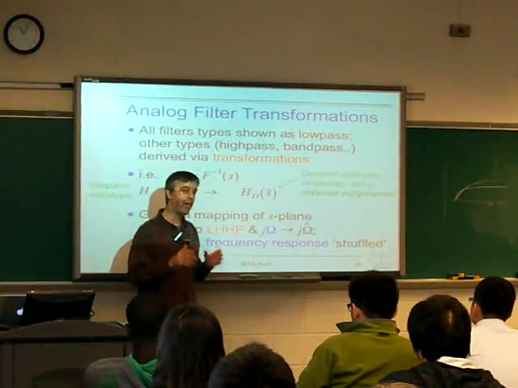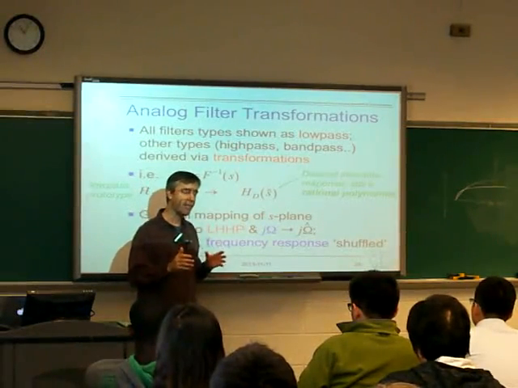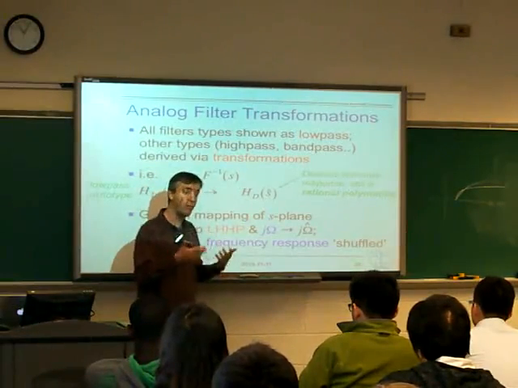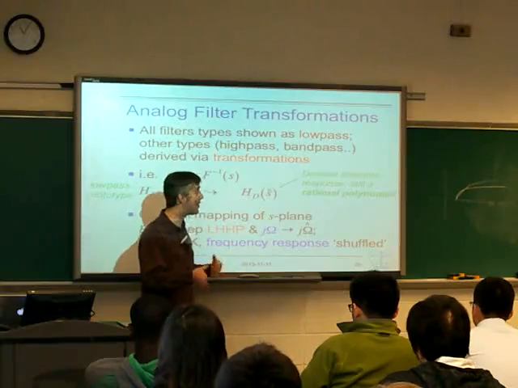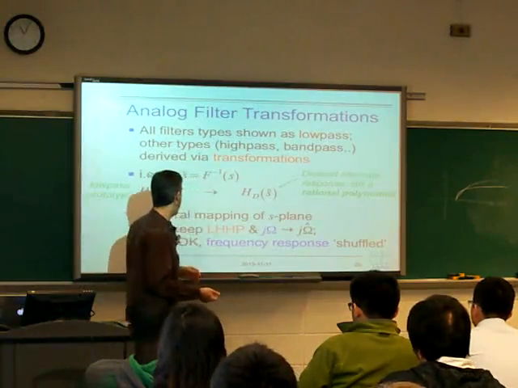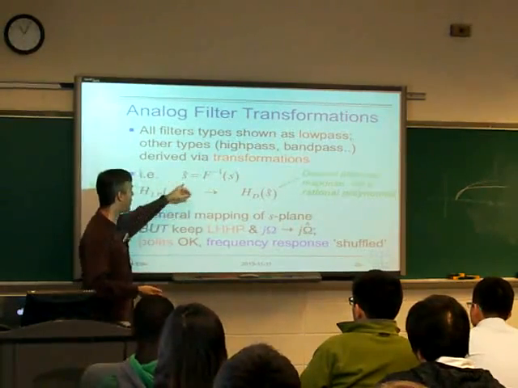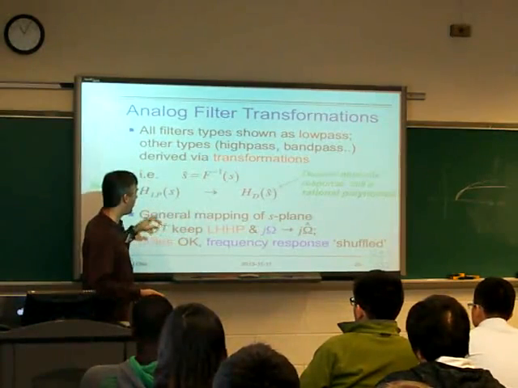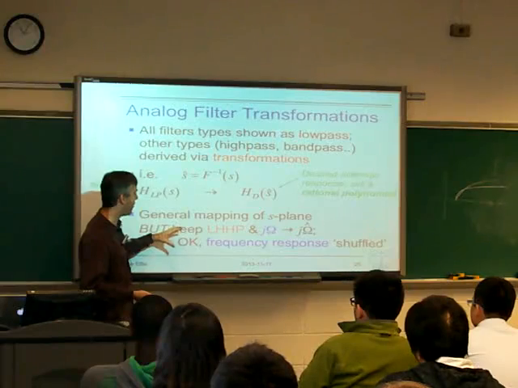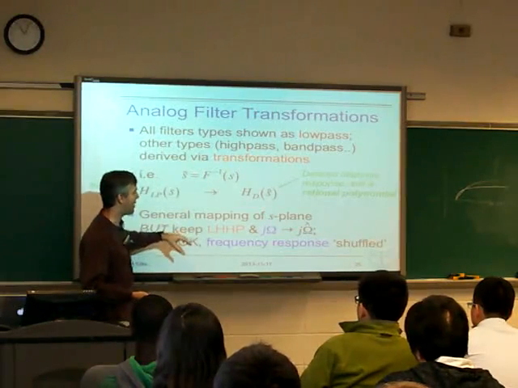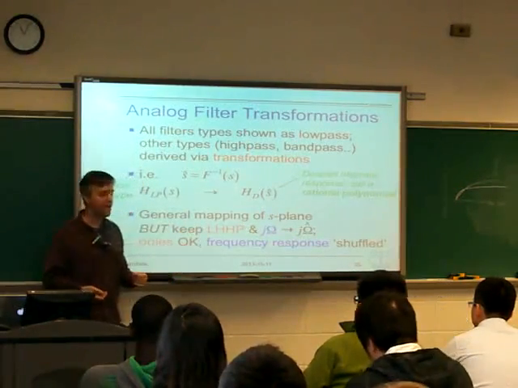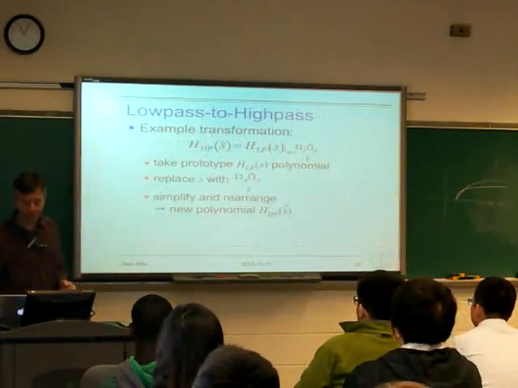We'd like to keep those as the frequency values, but of course we want them in a different order because we want to change from a low-pass filter to a high-pass filter. And so that's the idea of this transformation, something that'll keep the filter properties that we want, but allow us to control what's happening with the filter shape.